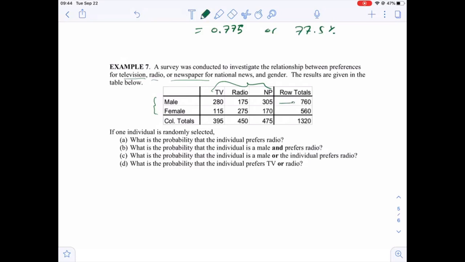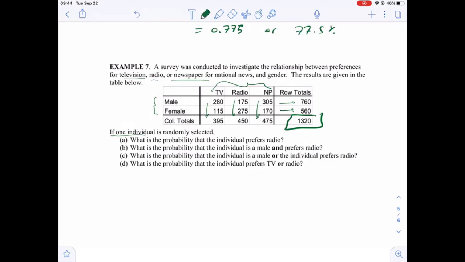The sum of this row is 760, here 560. The sum of columns, as you can see here, and the total sum of the people who were engaged in this survey is 1320.